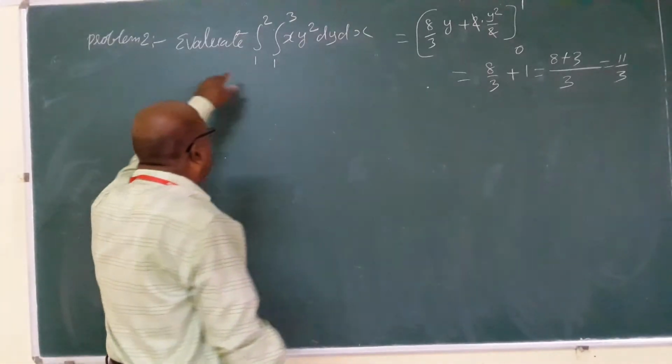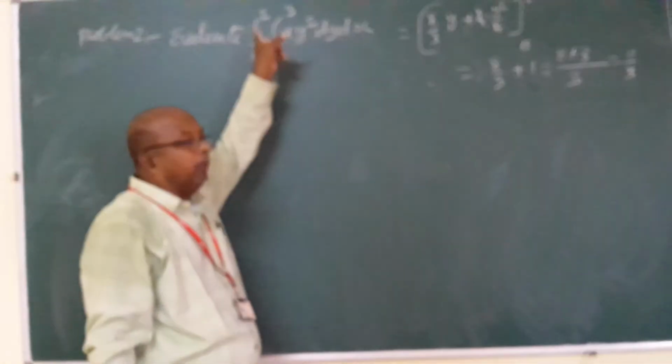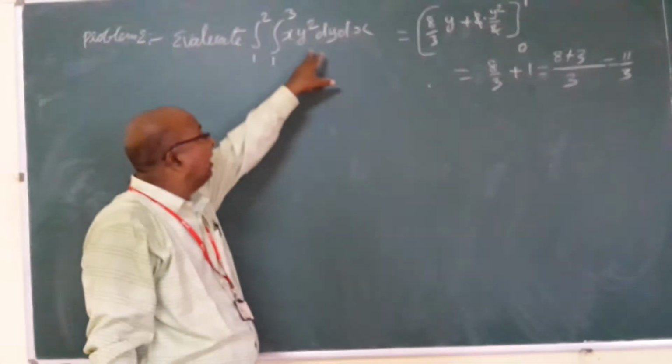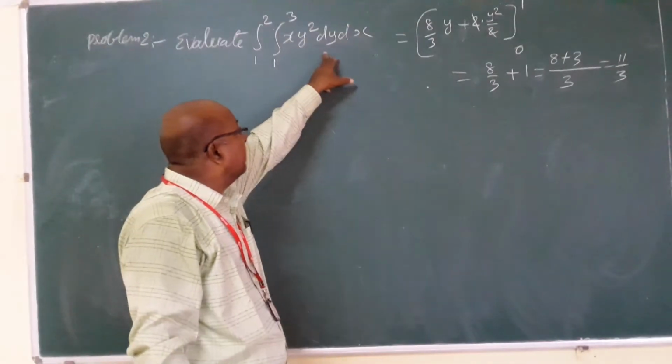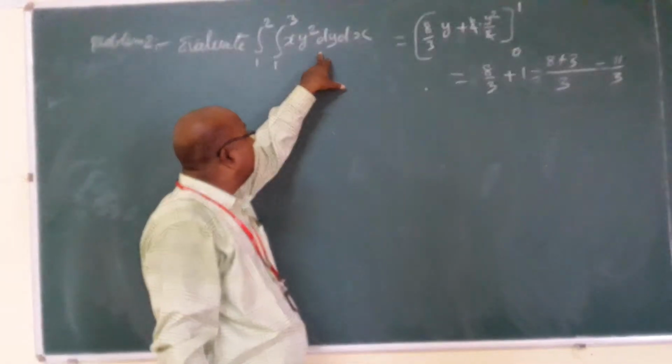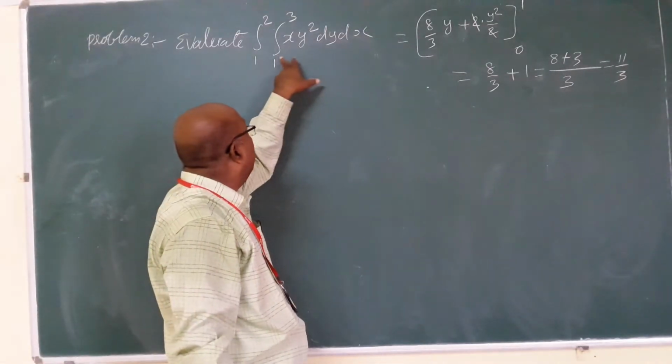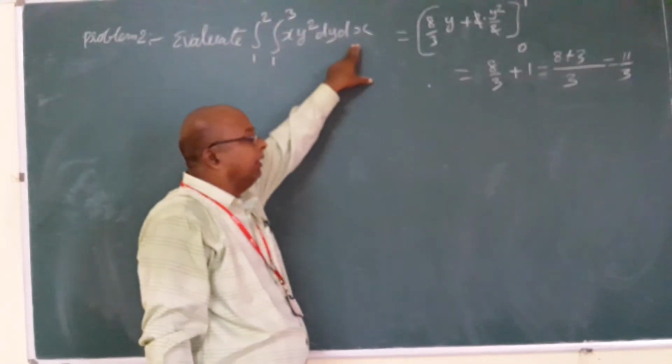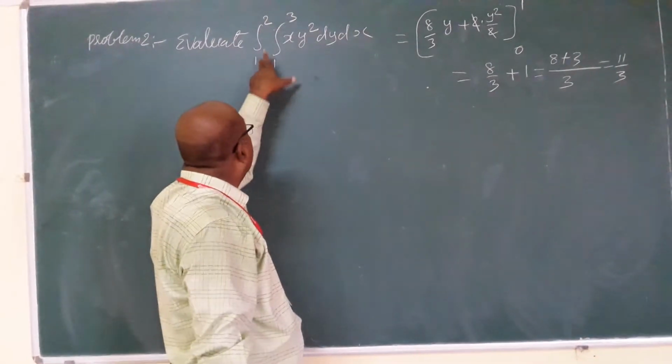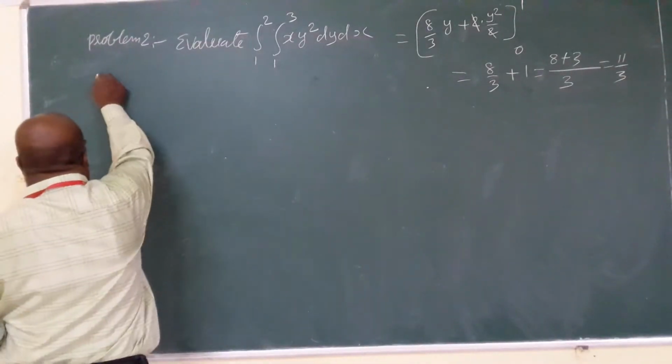Here all upper and lower limits are constant. According to the integration order, we have to integrate first with respect to y between the limits 1 to 3 and then with respect to x between the limits 1 to 2.